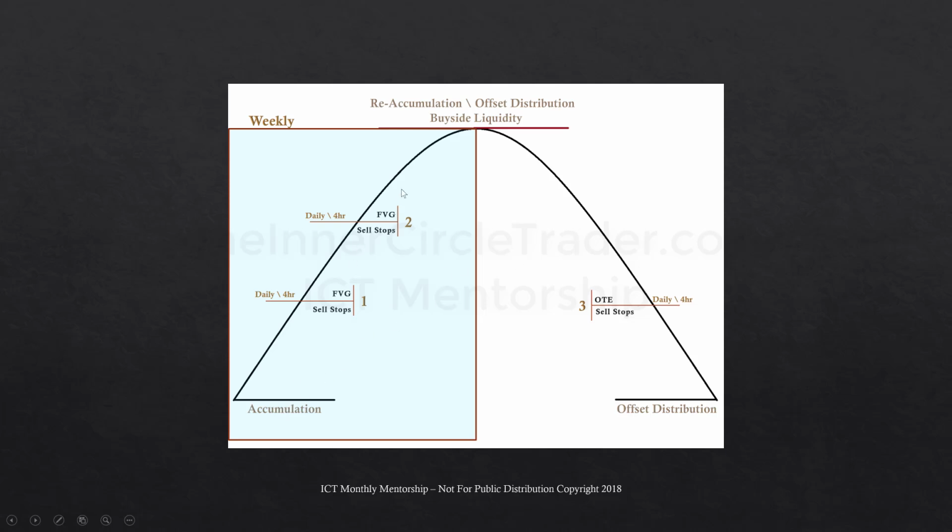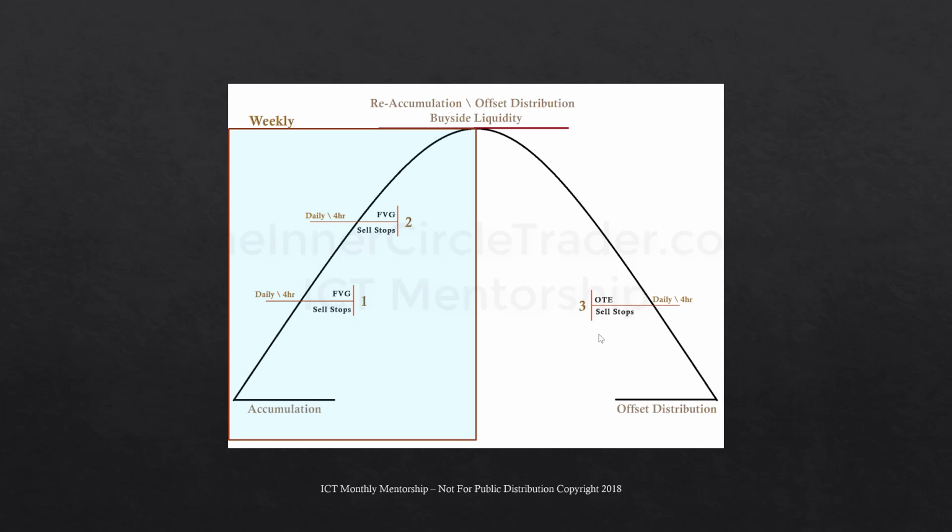So if this is a market maker sell model that becomes a buying opportunity over here, okay, what we're reaching for is the sell stops below stage 1 reaccumulation. Okay, so just look directly across the curve. Where is the low in here? Once it takes that out, and then it'll probably resume and go higher. Okay, so that's the third opportunity using the market maker sell model, but looking for buys only.